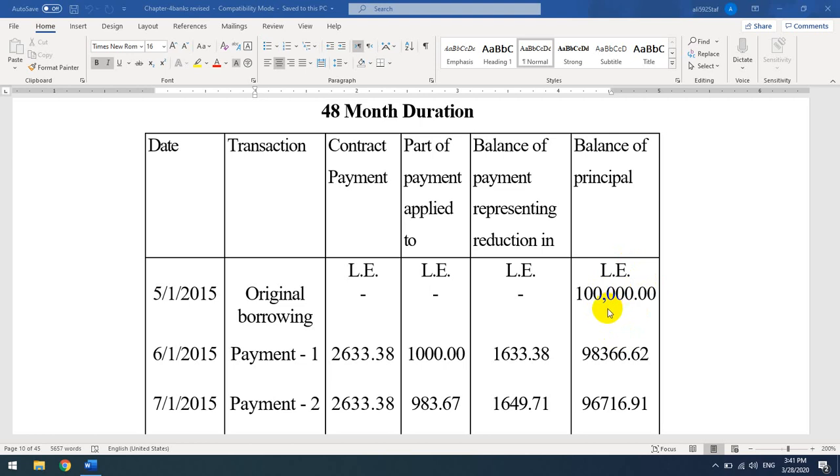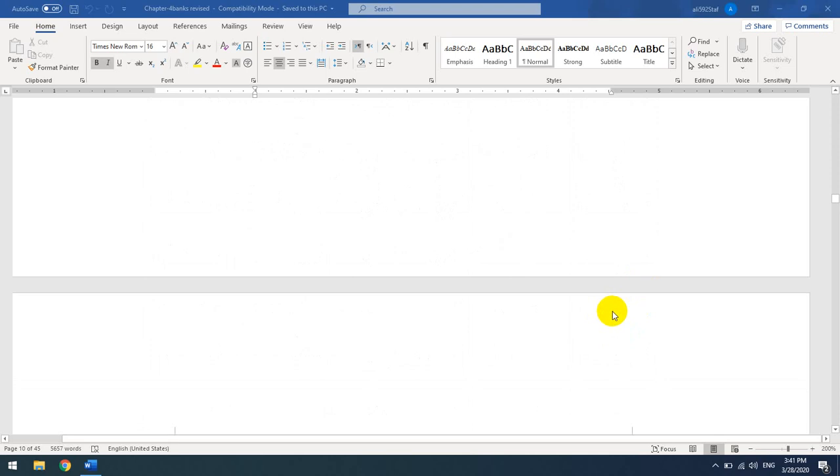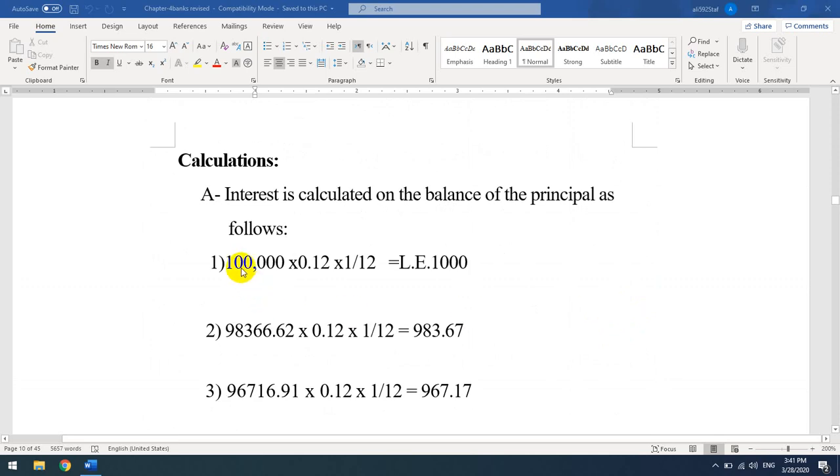So the calculation will be as follows: 100,000 Egyptian pound times the annual interest rate times 1 by 12, the period, 1 month out of 12 months, to make the period per annum, because the interest rate here is per year.